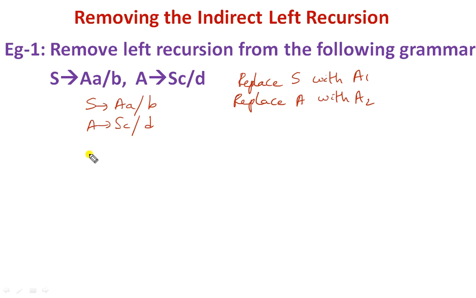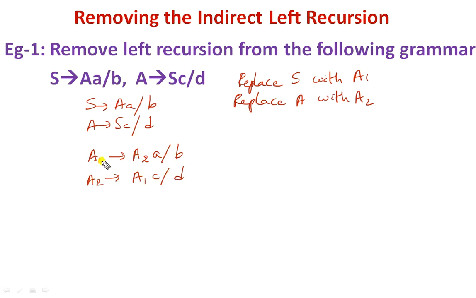Now after replacing, the production rules are: A1 generates A2A or B. A2 generates A1C or D. These are the production rules we got.